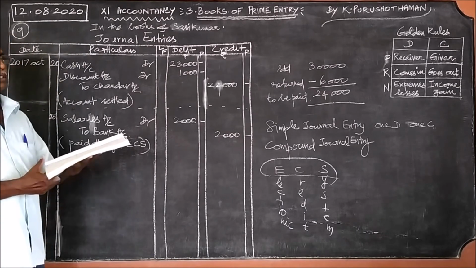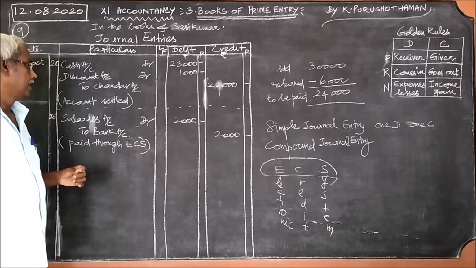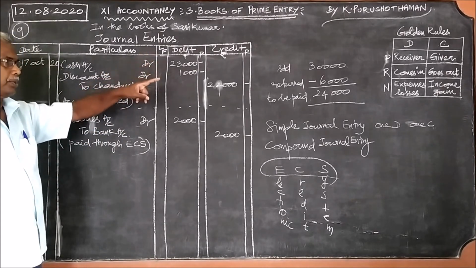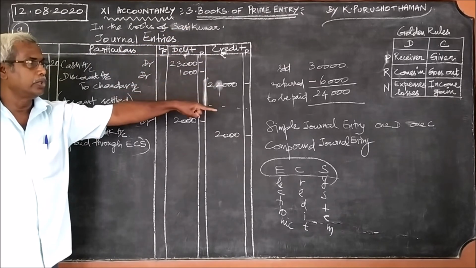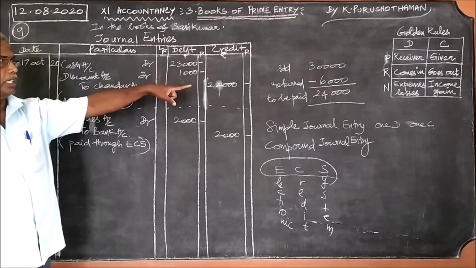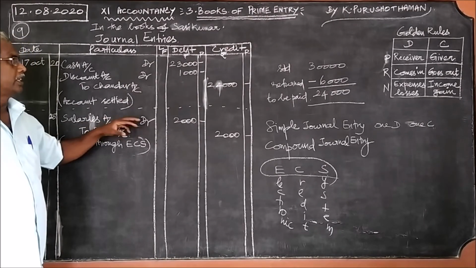Once again, you just listen to this transaction. Salary is an expense, so debit expense, all expenses rule. See the third rule, nominal account rule. Therefore, salary is an expense, salaries account debtor.